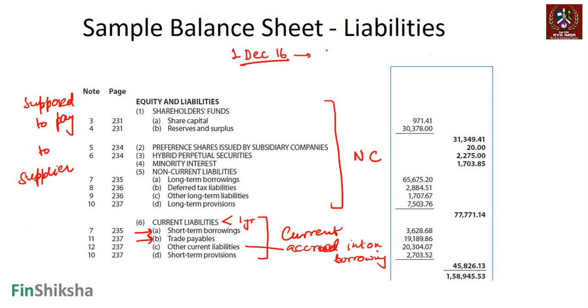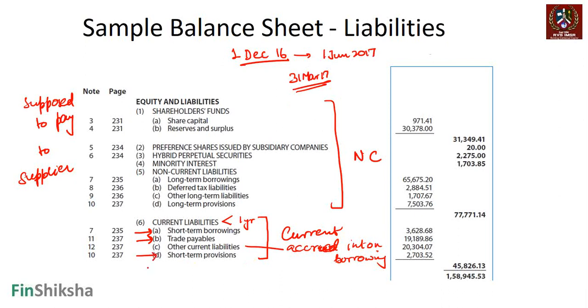So the interest only comes on somewhere around 1st of June, 2017. If I'm making the balance sheet on 31st March of 2017, then technically we will realize that at this point of time, this payment has not happened. So that's an accrued interest component, and that will be a part of the current liabilities, other current liabilities.